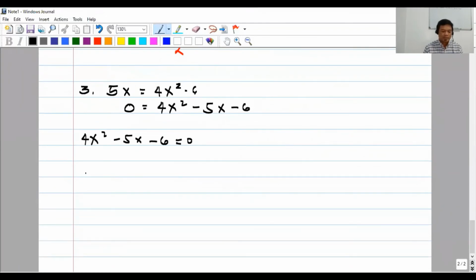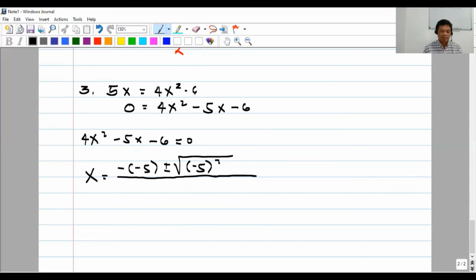So in our quadratic formula, we have the negative b. What's our b here? It's negative 5. So negative of the negative of 5 plus minus the square root of b squared, which is negative 5 squared, minus 4 times a, which is 4, times negative 6, which is negative 6, all over 2 times 4.